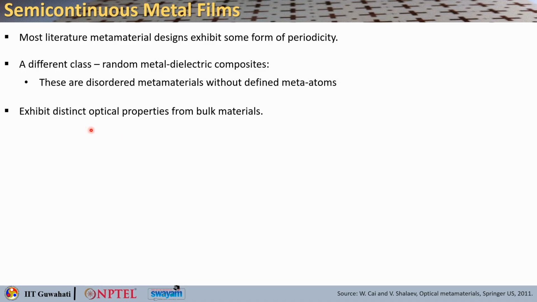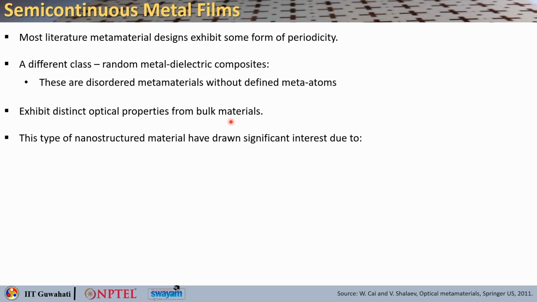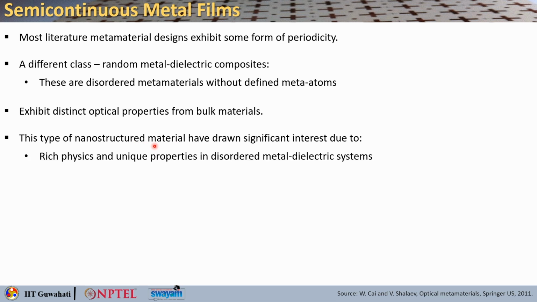So, they also show some distinct optical properties which are not found in the bulk materials, okay, and this type of nanostructure materials have drawn significant interest due to their rich physics and unique properties in disordered metal dielectric systems, right. So, the random metal dielectric composites are basically regarded as the disordered metamaterials, okay, and they are unique to the other ones we have seen till now.